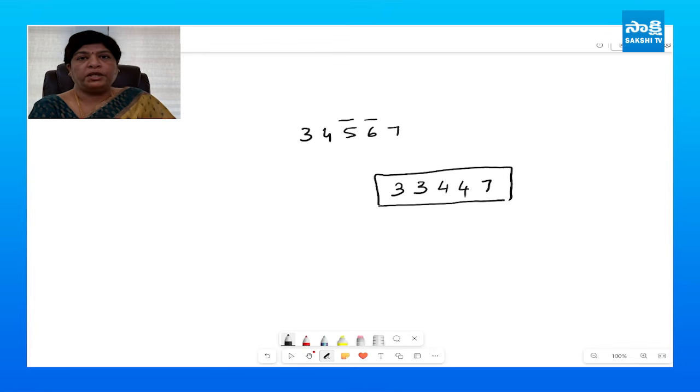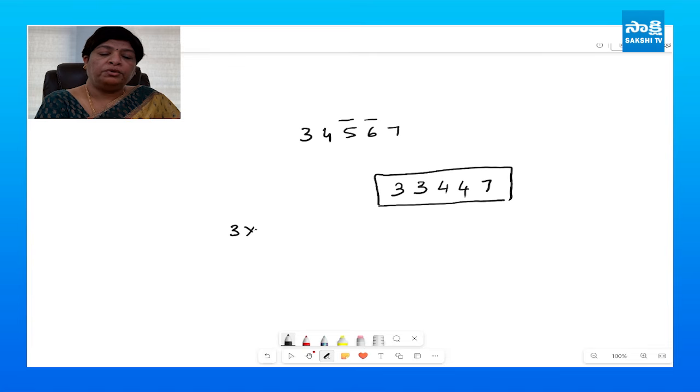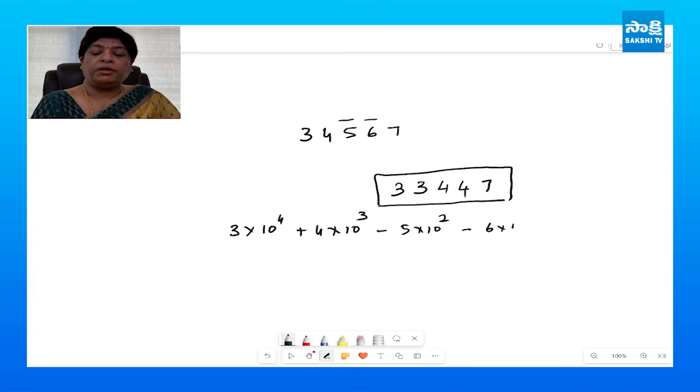You can find out using the place value system also. Let's do that. So 3 into 10 to the power of 4 plus 4 into 10 to the power of 3 minus 5 into 10 to the power of 2 minus 6 into 10 to the power of 1 plus 7 into 10 to the power of 0.